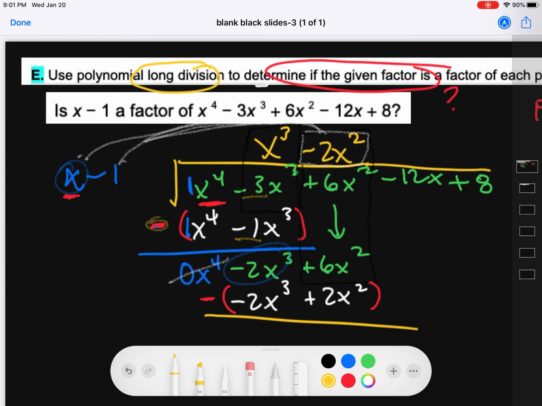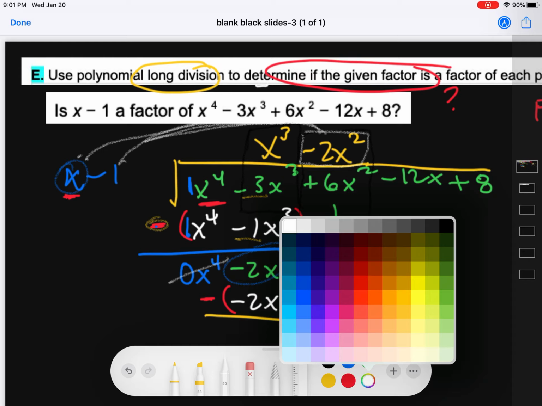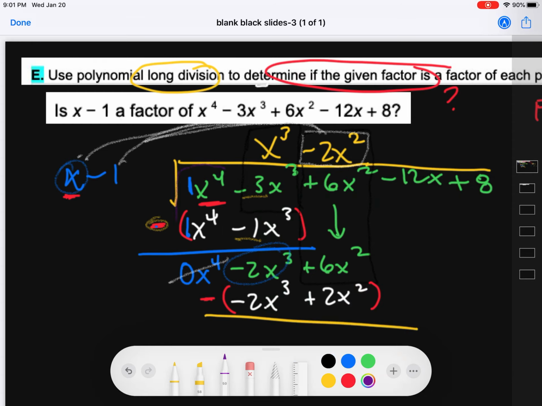Here are some goals when you are subtracting. Let's take the purple. You'll notice when you subtract, you want it to equal 0, so these first terms need to be identical there in the purple box. So negative 2 minus negative 2 is negative 2 plus 2, which is 0. Again, we don't have to write the 0.